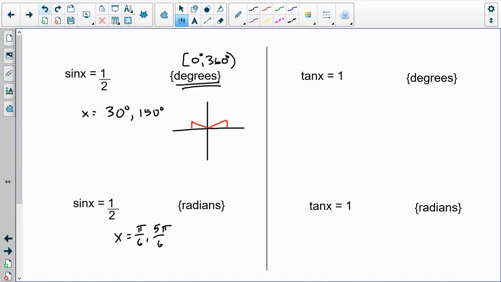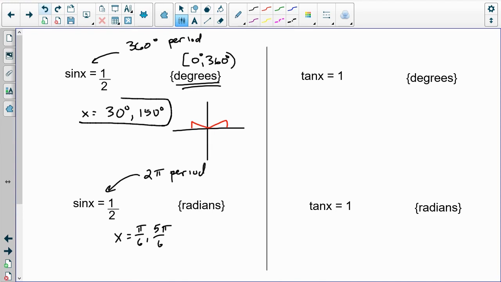So basically what I would do in this case is I notice that 360 degrees or 2 pi is the period of this function. And so what I do is I take the answers that I get, and when I have all degrees, I would take whatever answer I get and add 360 times n, being an integer.